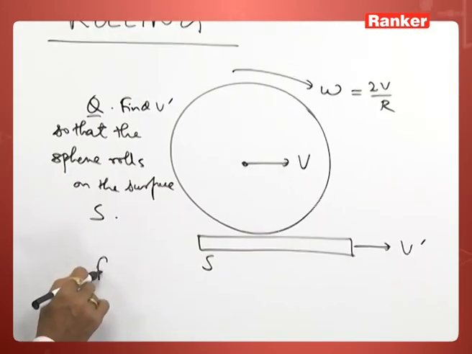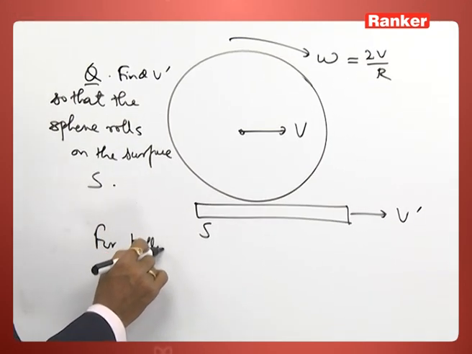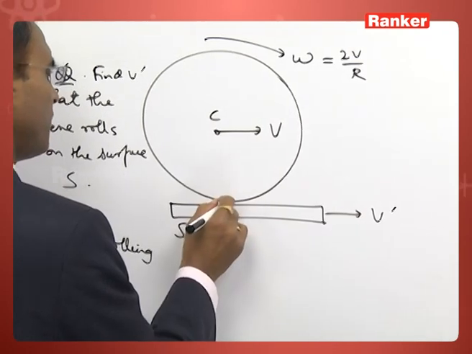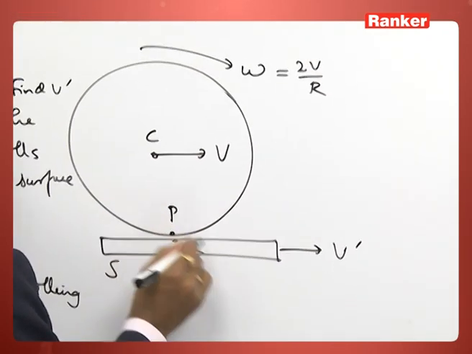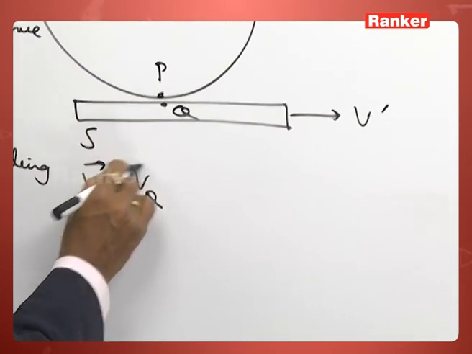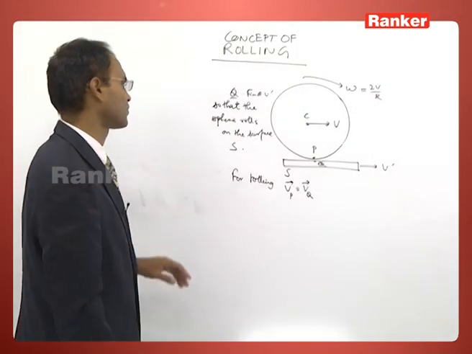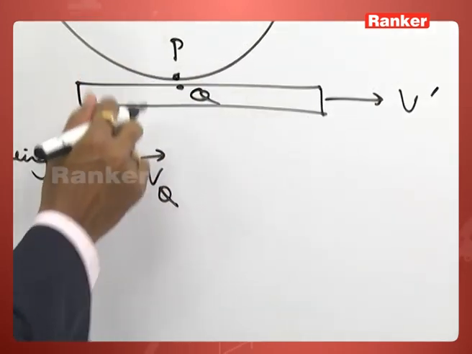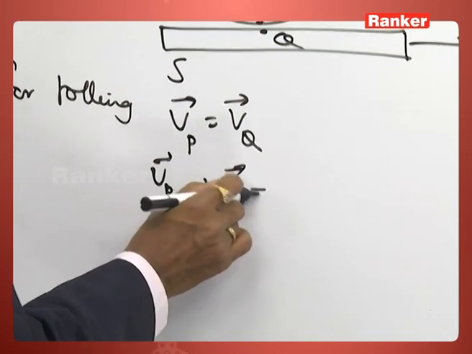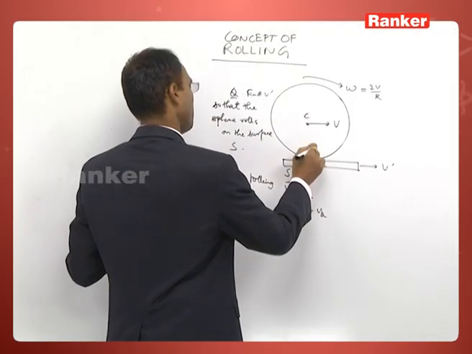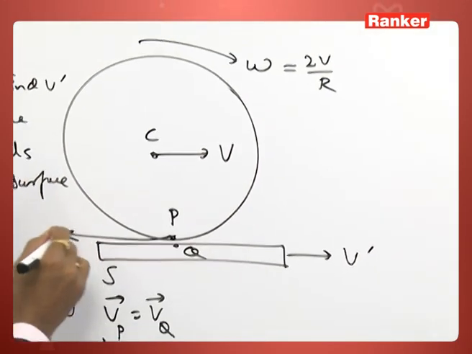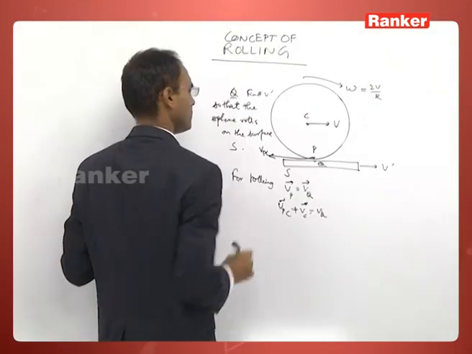For pure rolling, what is the condition? Suppose the center of mass is C, this is P, and this is Q. These two points must have some velocity. And the velocity of this point P is equal to Vpc plus Vc, which is equal to Vq. The velocity of P with respect to C, if it is spinning in this way, Vpc will be backward.